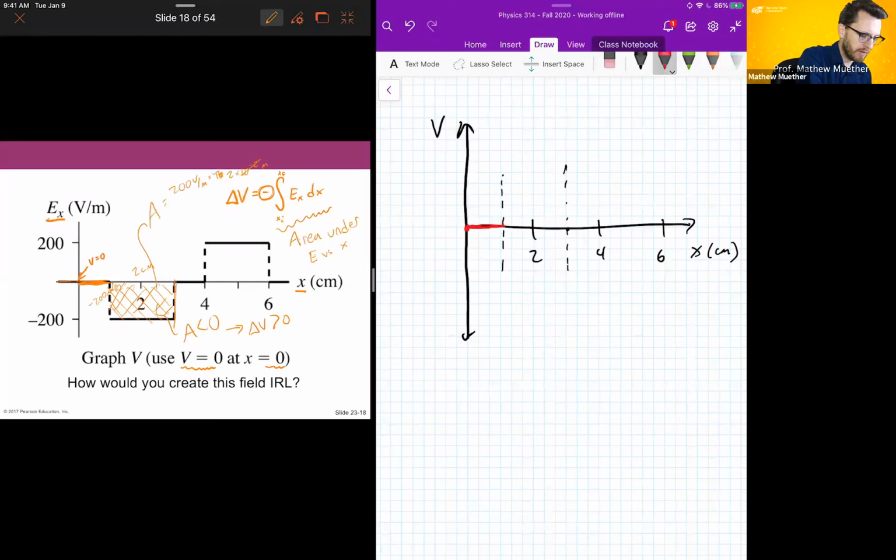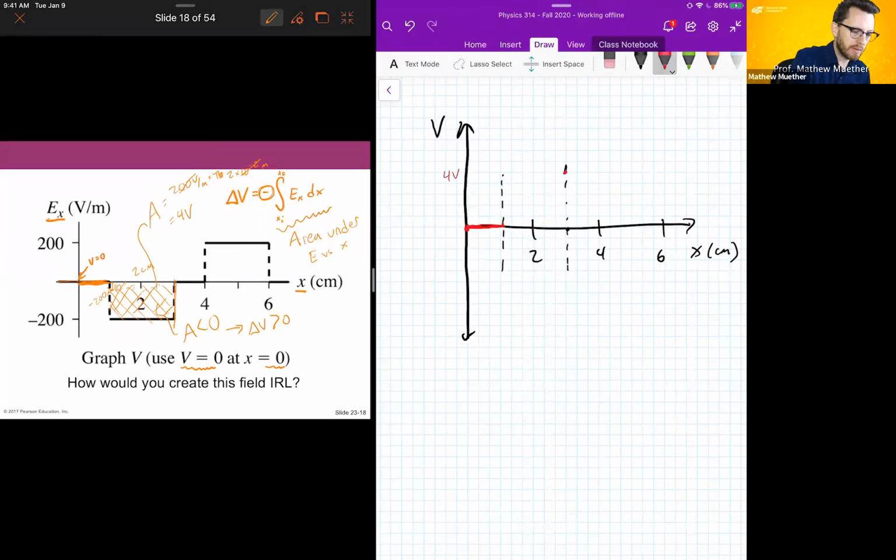That's 1 over 100, which cancels out here, and I end up with something like 4 volts. This thing has to increase by 4 volts, so when it gets out here, it's going to be 4 volts.